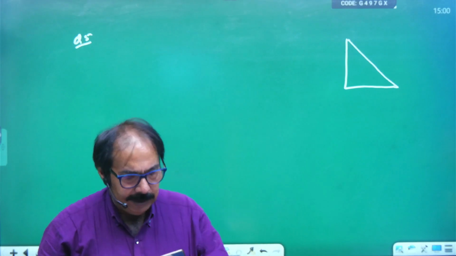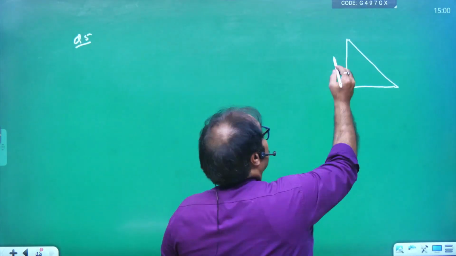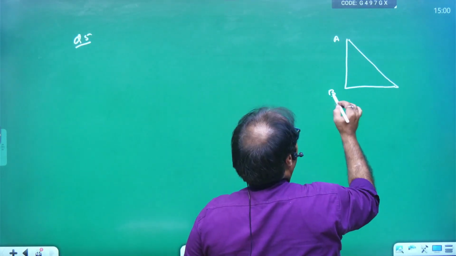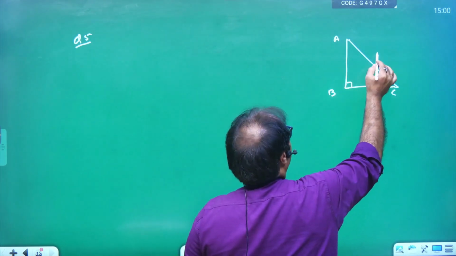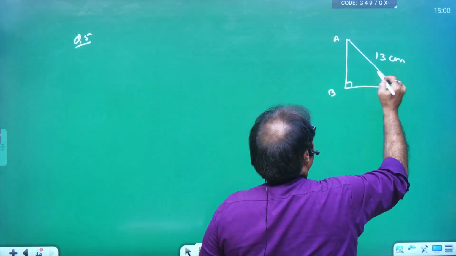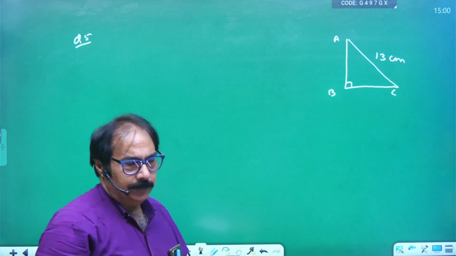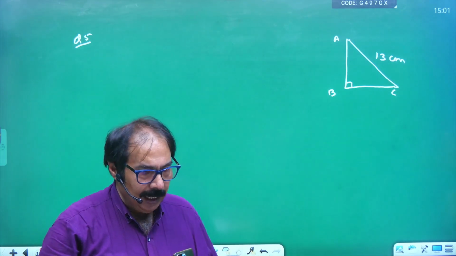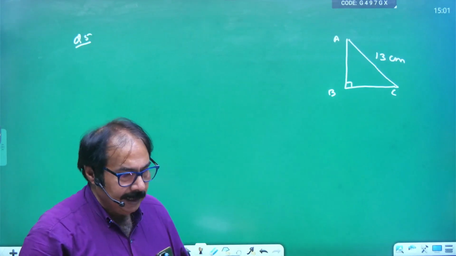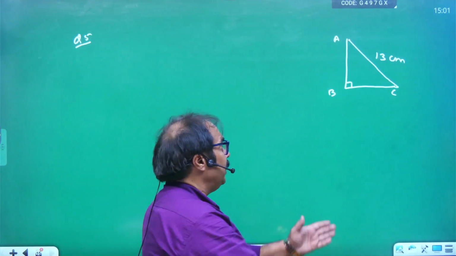If the hypotenuse is 13 centimeter. So in right triangle ABC, if angle B is 90 degrees, so of course this is the hypotenuse. The side opposite to the right angle is always the hypotenuse. So the hypotenuse is given 13 centimeter and the altitude of the right triangle is 7 centimeter less than the base.